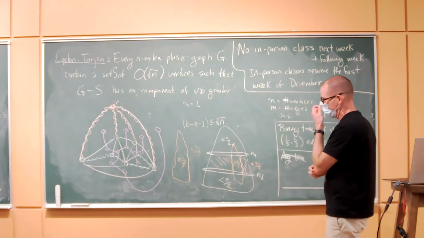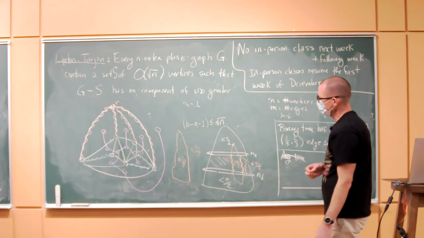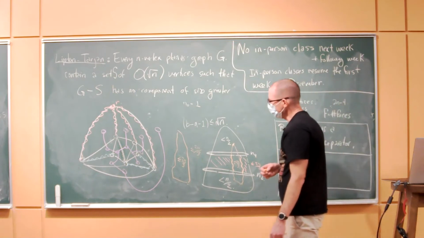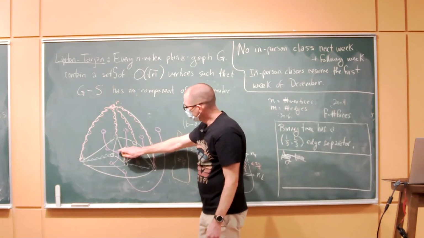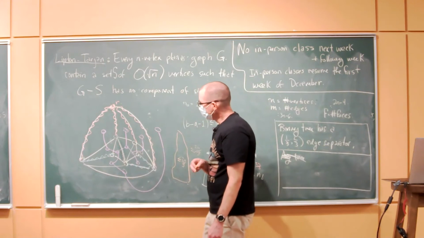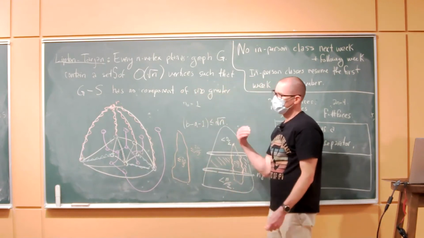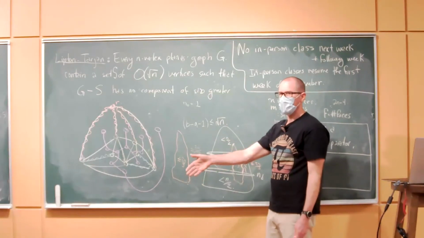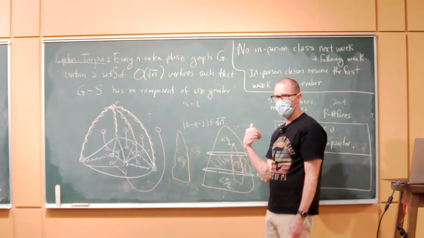I know that that spanning tree has an edge separator that will have at most two-thirds of the faces on one side, and at most two-thirds of the faces on the other side.